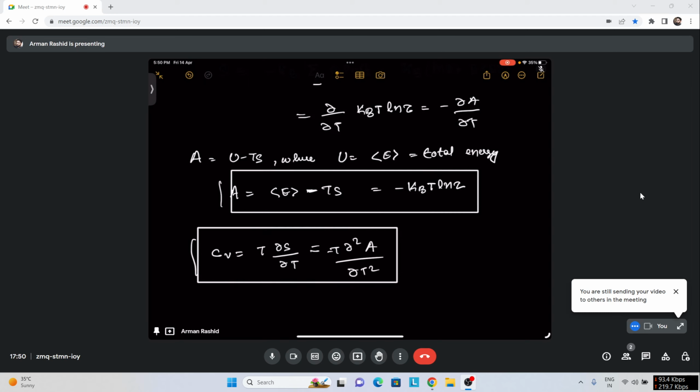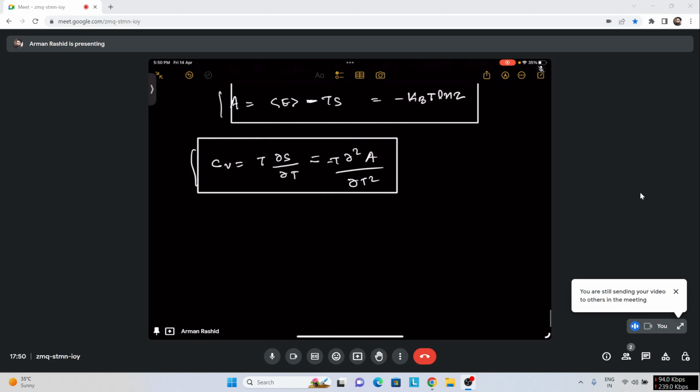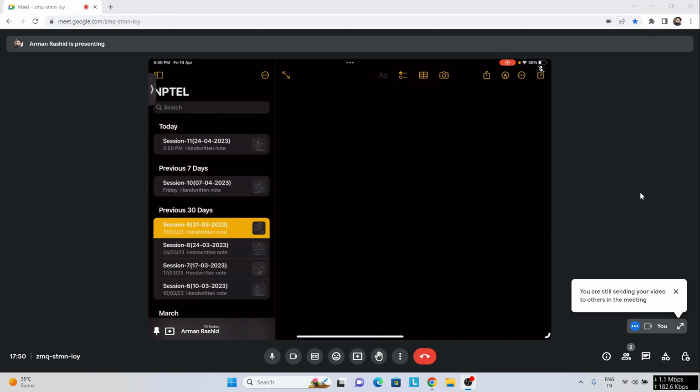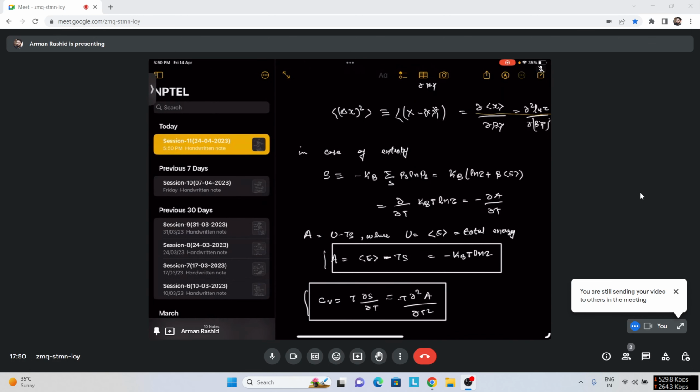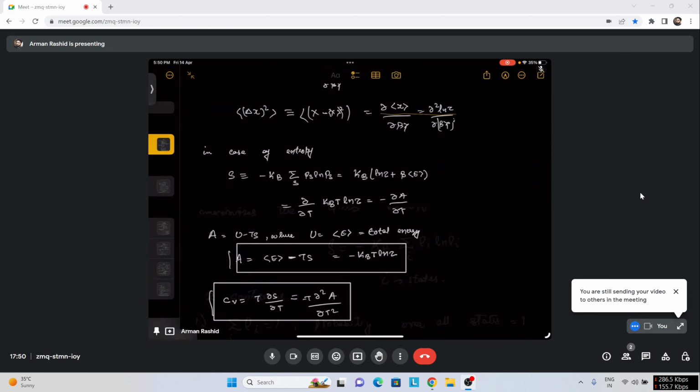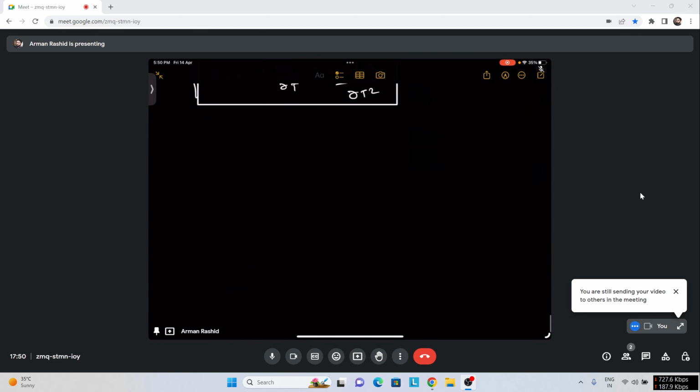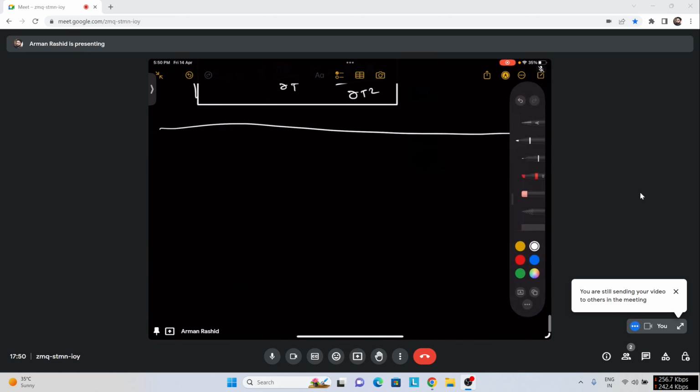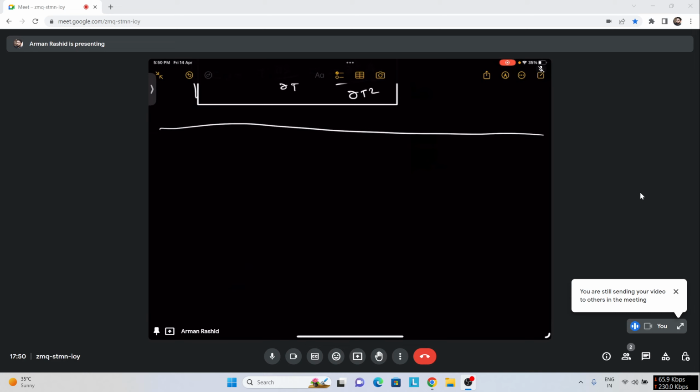Now we have something called the partition function of subsystems. This is the partition function for the whole system.